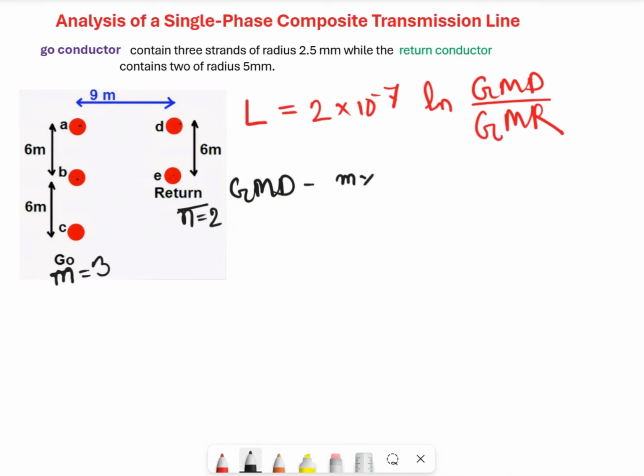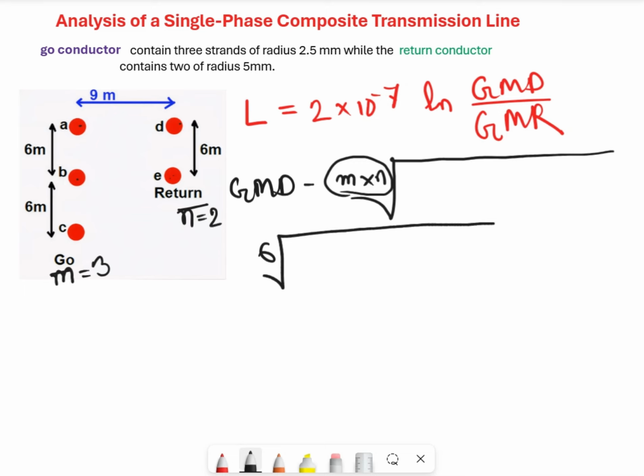So M cross N square root. The value of M cross N is very important to write down the distances here. So here the value of M is 3 and N is 2, so it will be 6th root.